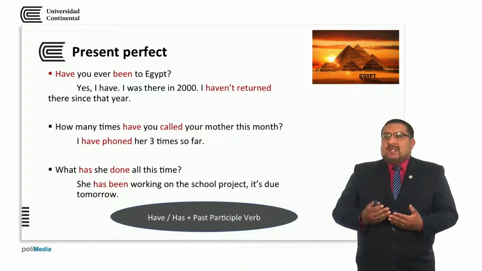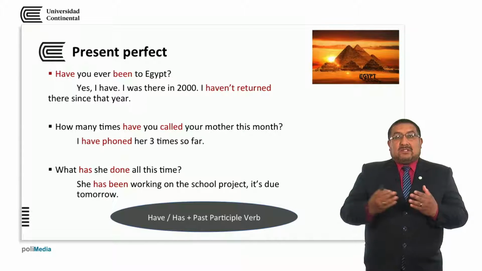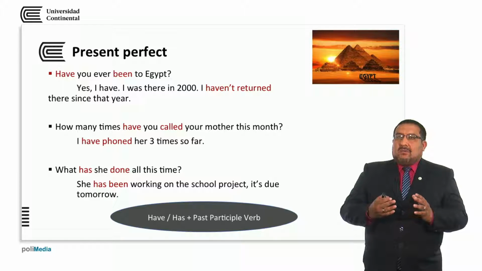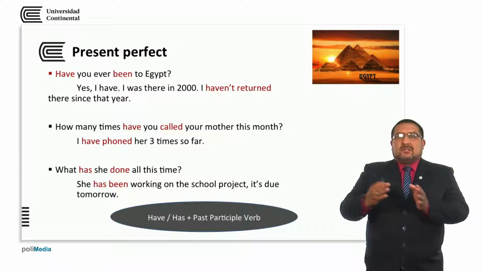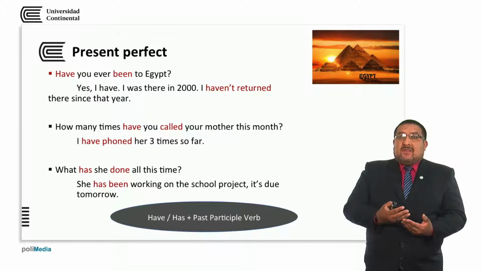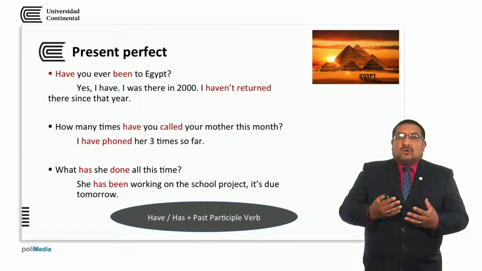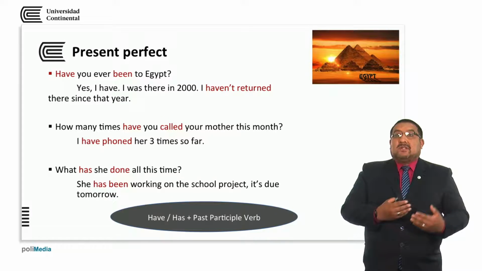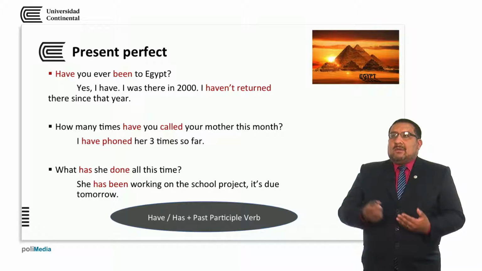The present perfect is a tense, much better said, in which you are going to describe things from the past to the present or in an indefinite past, or when we want to talk about something that is repeated one after another with certain frequency. You have an example there.